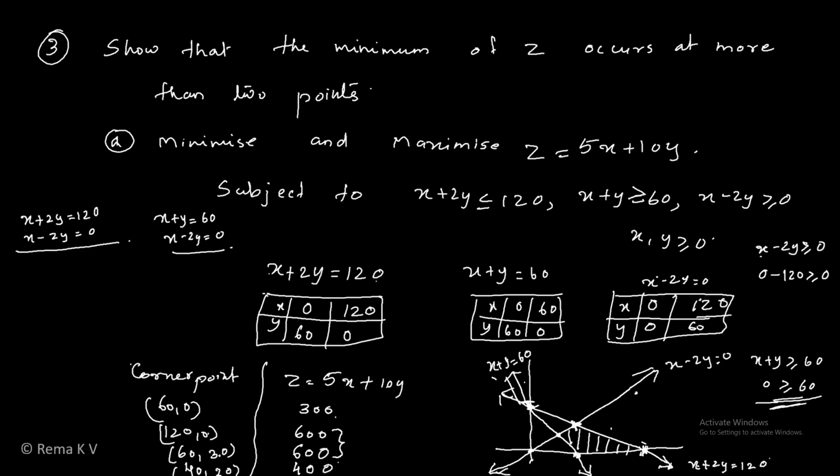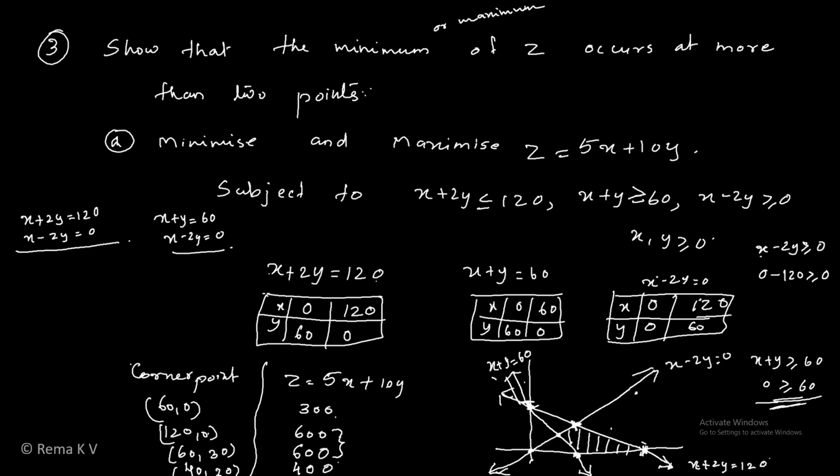This means that if you get an answer like this, if more than 2 points are there, the question is show that the minimum or maximum of Z occurs at more than 2 points. This is what we have to prove here.